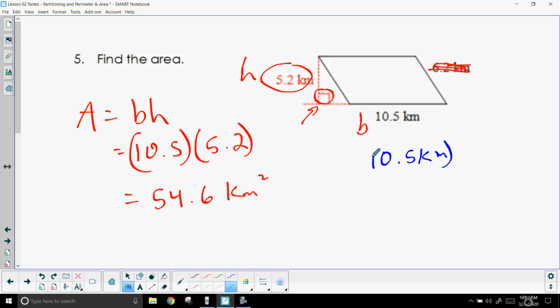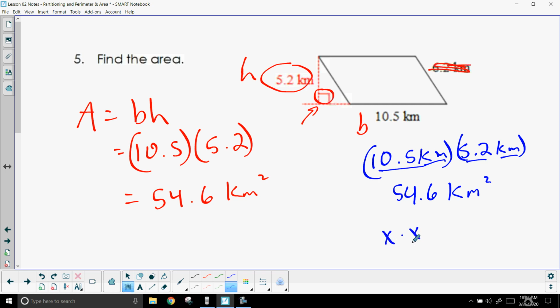Now we already multiplied the numbers together, and that's where the 54.6 comes from. But if you were to multiply the kilometers times the kilometers, that's where we get the kilometer squared part. It's the same thing as saying x times x is x squared. It's the same kind of idea applied to the units.